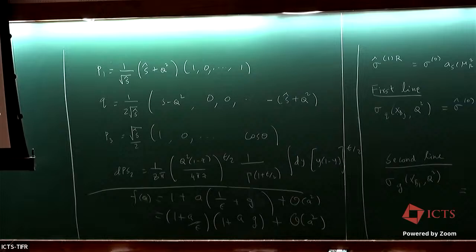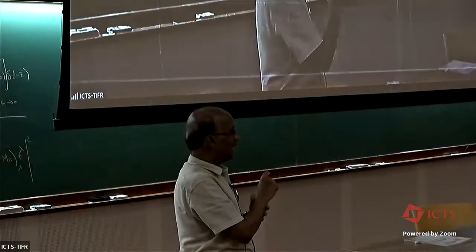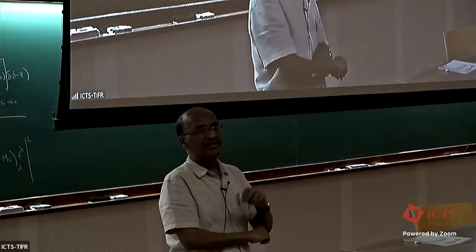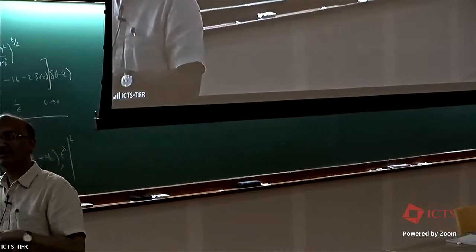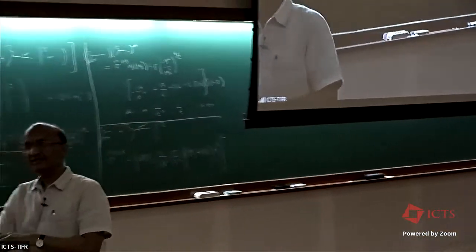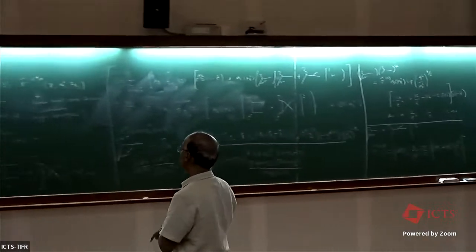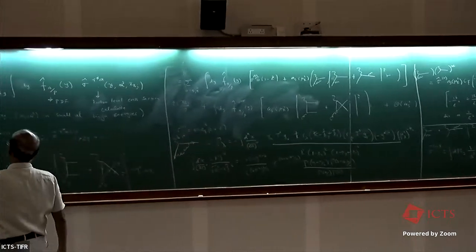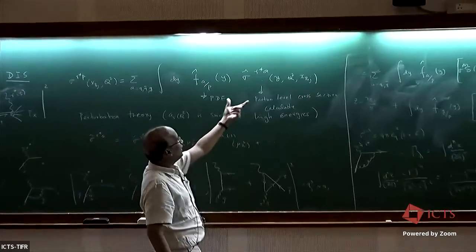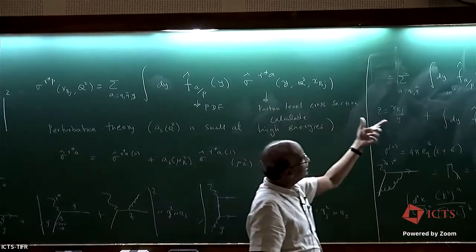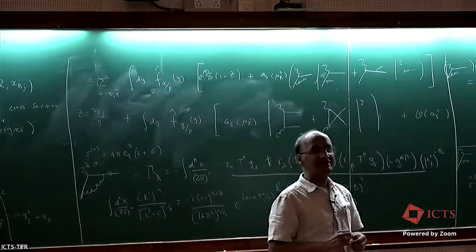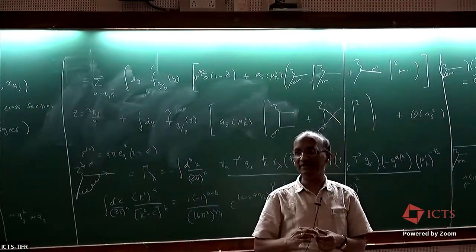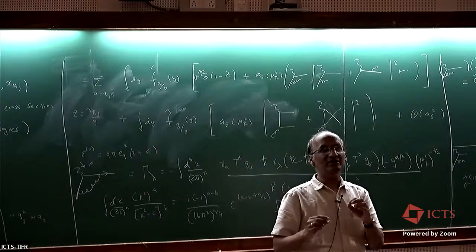You know why they will reject it? It depends on 1 by epsilon. It contains 1 by epsilon, so it is useless. After one hour of doing this computation, calculating these diagrams, you end up with an answer that is not acceptable to anybody because it depends on 1 by epsilon.